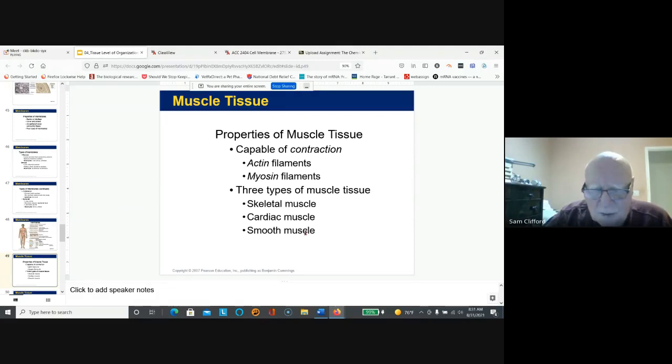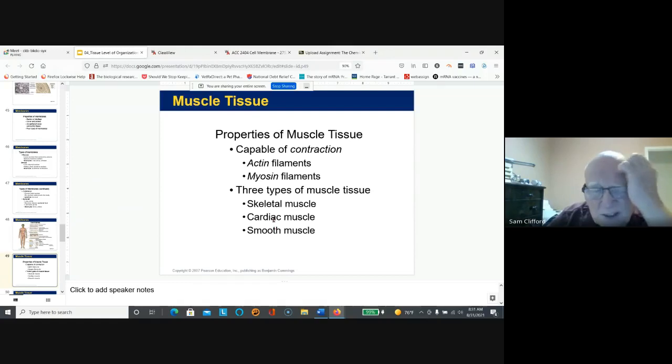So, for instance, suppose you are eating, the blood vessels to your muscles, the small arteries will shut down because you want to get blood to your digestive system, where the small arteries will expand when the smooth muscle relaxes. So all of this muscle is regulated in your digestive system and blood vessels.